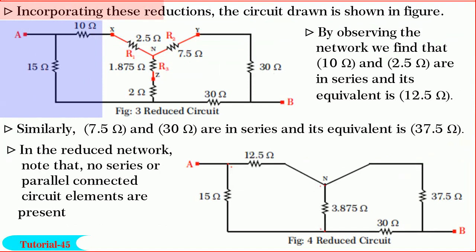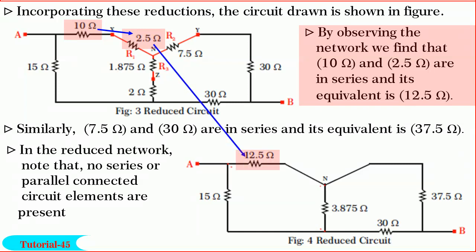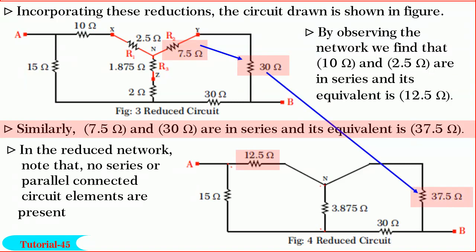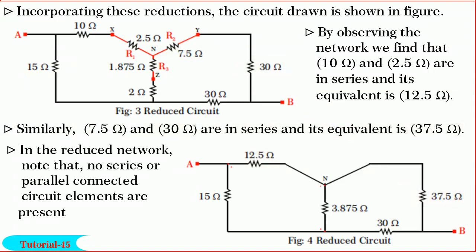Incorporating these reductions, the circuit drawn is shown in figure. By observing the network, we find that 10 ohm and 2.5 ohm are in series and their equivalent is 12.5 ohm. Similarly, 7.5 ohm and 30 ohm are in series and hence their equivalent is 37.5 ohm.